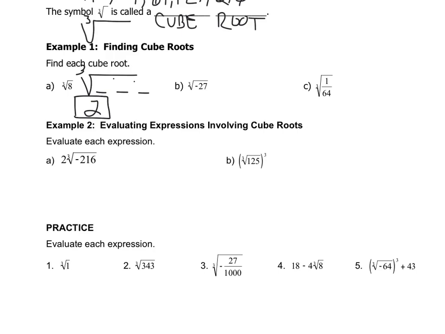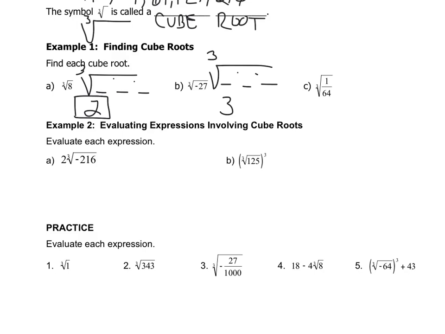Now, when we did square roots, we couldn't have a negative underneath because there's no such thing as a positive times a positive to create a negative, or a negative times a negative to create a negative. But in the cube roots, because it's an odd number of factors, can't I still get a few things multiplied together to become negative? 27 we just mentioned was a perfect cube, so I can take that number 3 out.